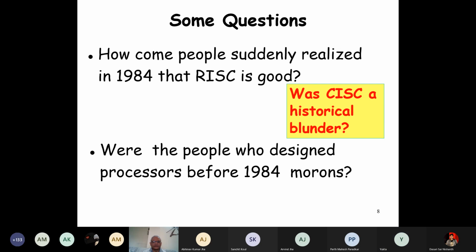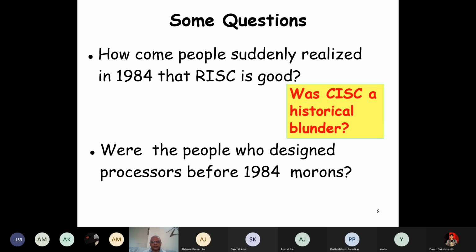But then how come they suddenly became wise and said don't use too many instructions? Were the people who designed the CISC processors idiots? They didn't know that they were doing something wrong.